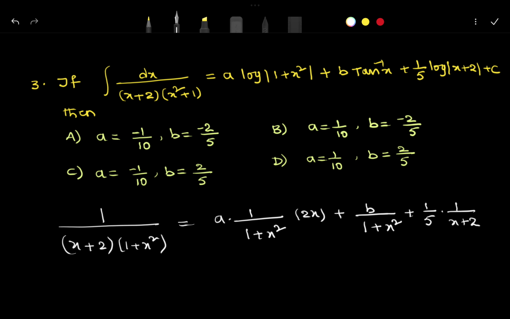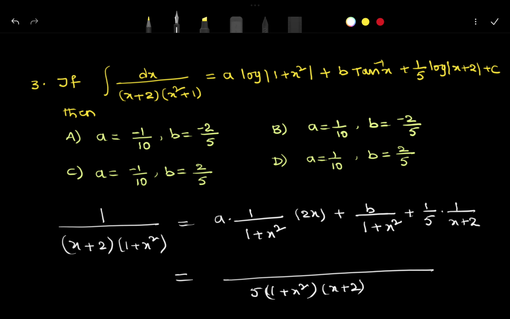Now take the LCM on the right side. This LCM will be nothing but (1 plus x square) into (1 plus x square) into 5 into (x plus 2). What will be the numerator value?